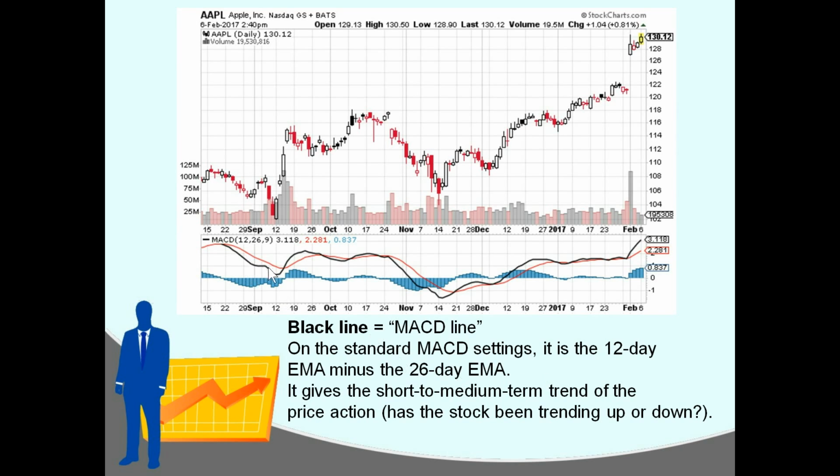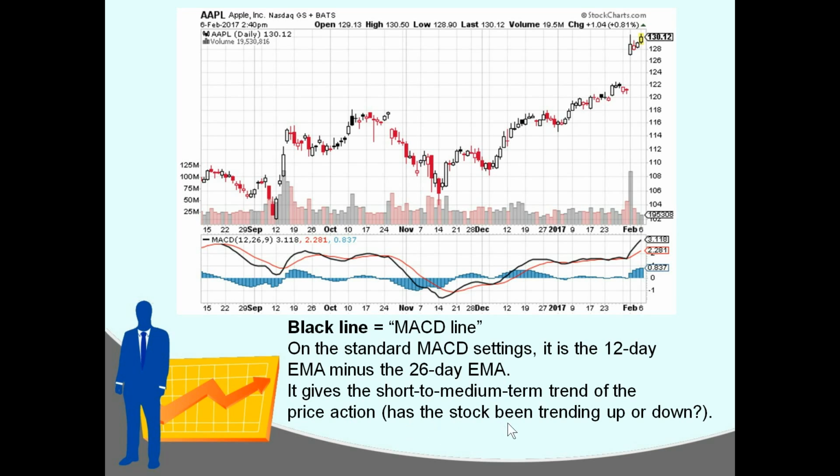So that's the mathematical formula for the black line. But you don't really necessarily need to know all of the math involved in it. You just want to know for now, since we're just doing the basics, that the black line, the MACD line, gives the short to medium term trend of the price action.